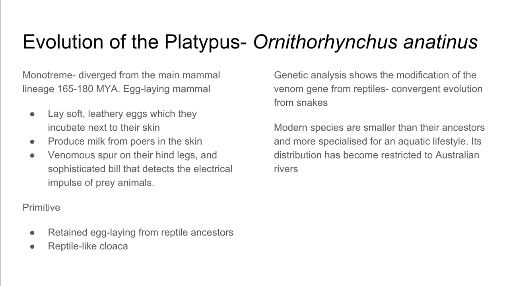So it also has some primitive characteristics. It retained the egg laying from its reptile ancestors, and it also has a reptile-like cloaca. Genetic analysis shows the modification of the venom gene from reptiles. So we actually see that, and we refer to it as convergent evolution from snakes. The modern species, however, are smaller than their ancestors and more specialized for an aquatic lifestyle, and its distribution has become restricted to Australian rivers.